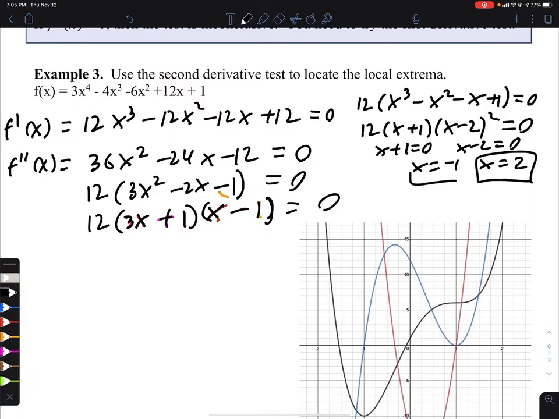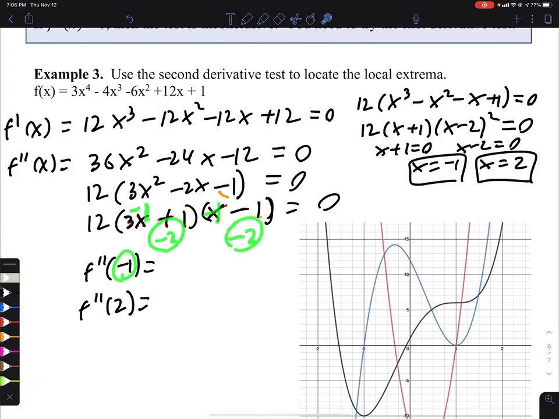These are our possible relative max, relative mins using the second derivative test. So now we have to find the second derivative at -1 and the second derivative at 2. And we just need to know if it's positive or negative. If you put a -1 here, that'll be -2. If you put a -1 here, that's -3 plus 1, that's -2.